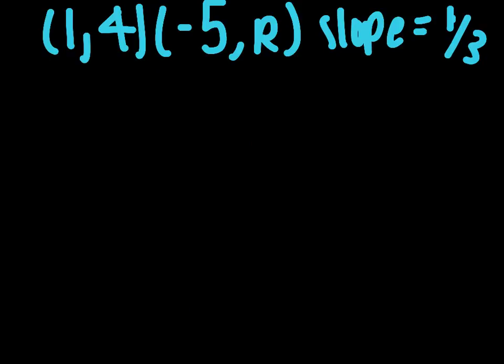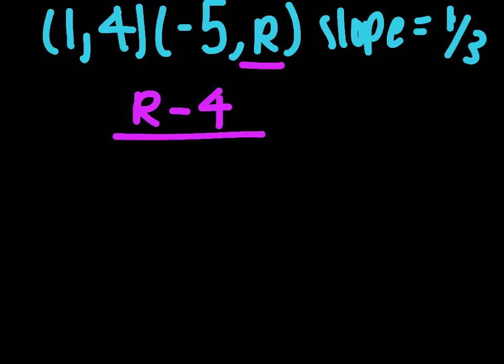So this is actually when you find coordinates given the slope. When they give you a variable in there, you're just going to have to solve it. The way that you're going to do this is you're going to write it just like you would an equation. So r, which is going to be your y2, minus 4 over negative 5 minus 1 equals 1 over 3.